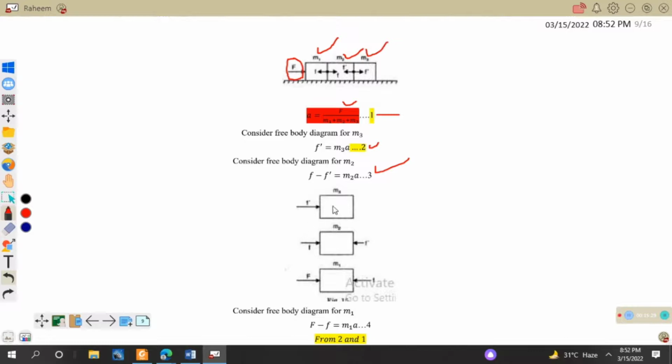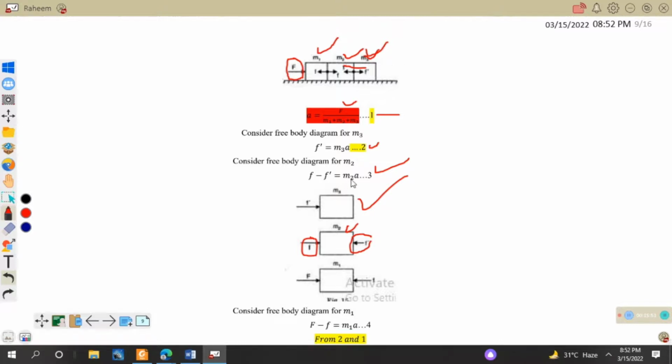If you look at this diagram, in this case F prime is acting on m3, and in this case we have f acting on the right hand side on mass m2, and F prime, which is the response force or the contact force, acting on m2 on the other side.